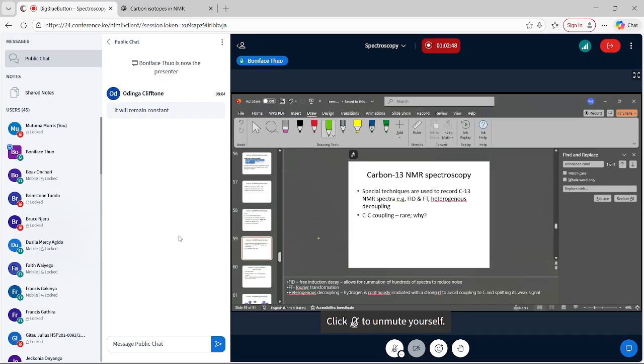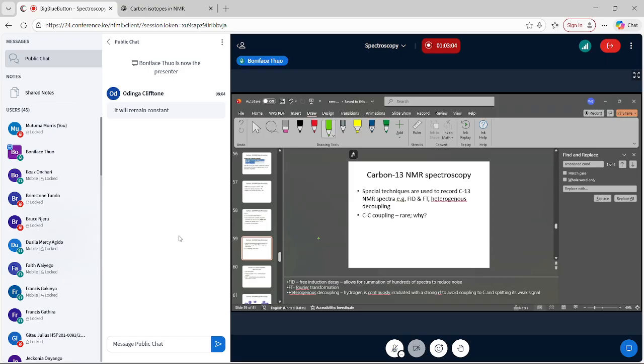So, in addition, due to the smaller proportion of NMR active carbons, we rarely find carbon-carbon coupling.